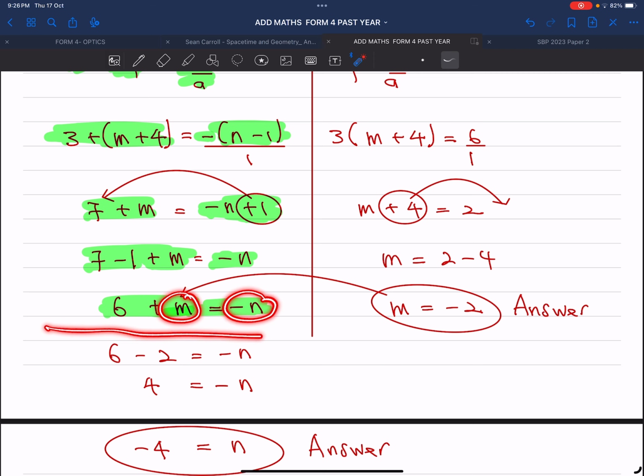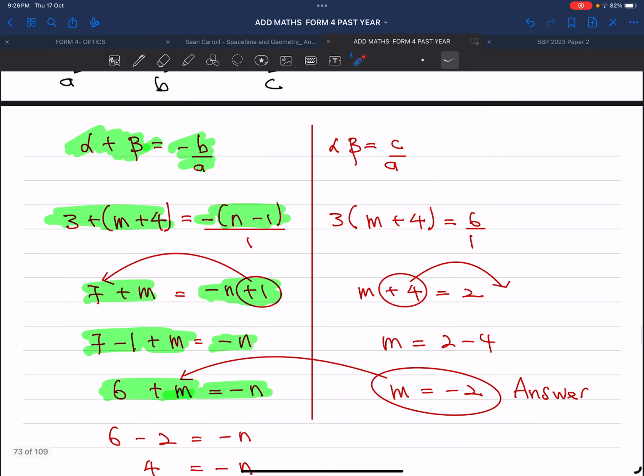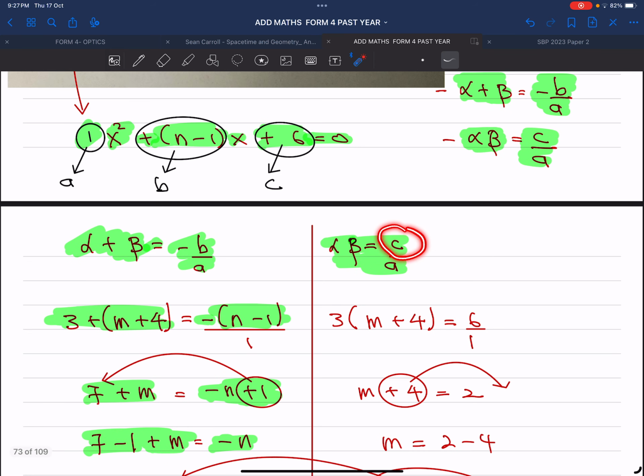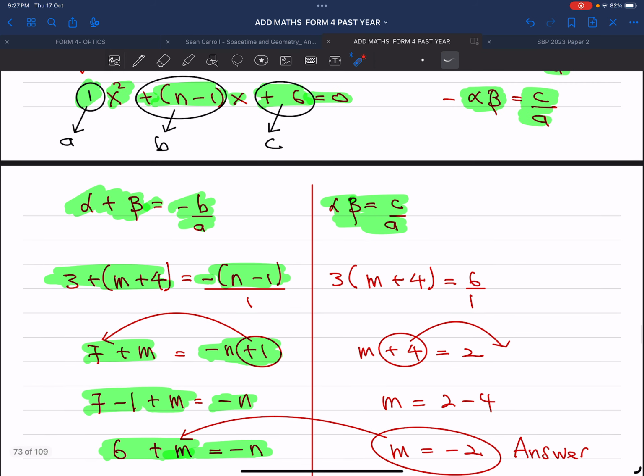So I'm going to stop here and go to the other one, alpha times beta is c over a. Again, replace alpha with 3, beta with m plus 4, and our c is 6, a is 1.